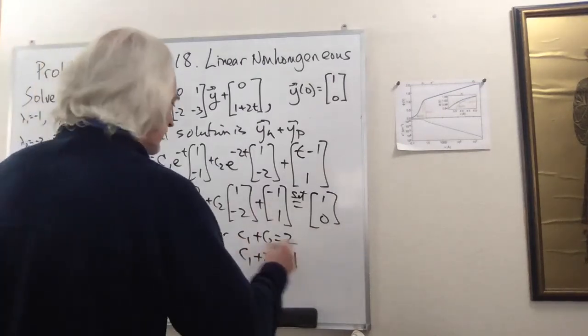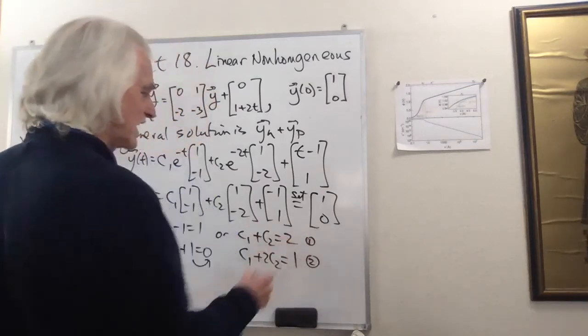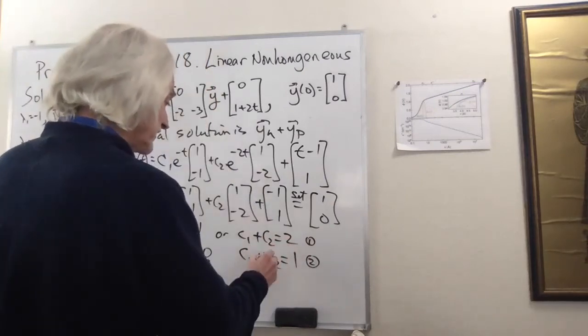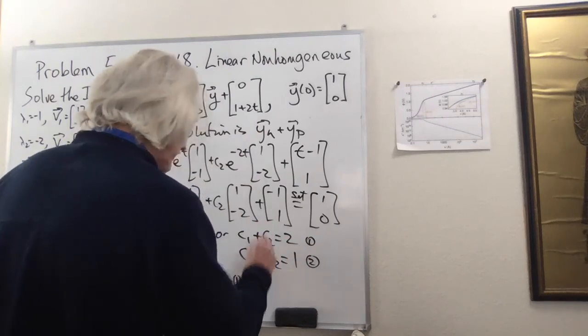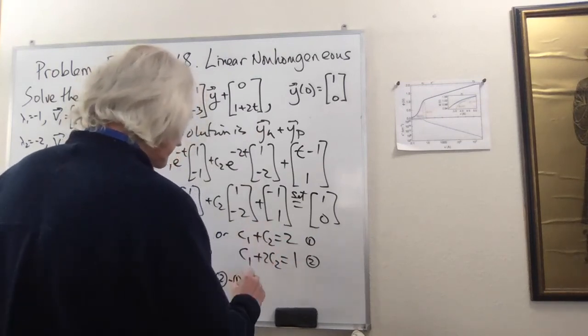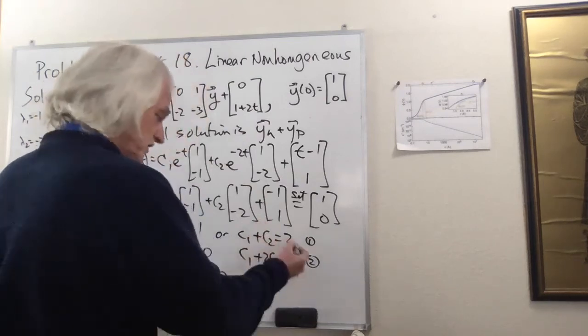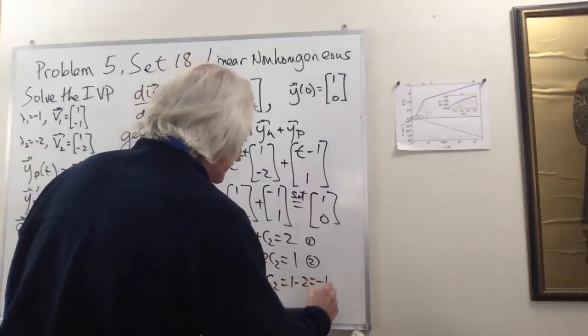So we have these two. I'm going to call these again 1 and 2. It's maybe not the most natural name, but I can solve this by taking second equation minus the first. These guys cancel, and I get 2C2 minus C2, just C2, equals 1 minus 2 equals -1.